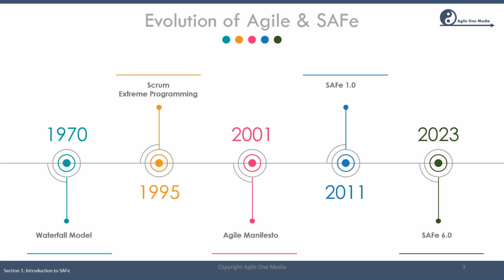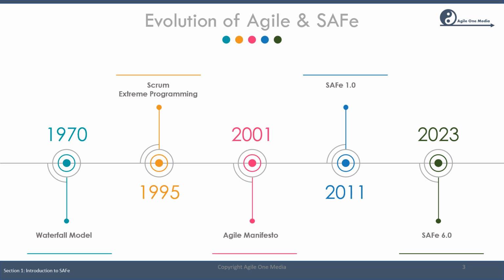In 2001, the Agile Manifesto was published, and then between then and the introduction of SAFe over the next 10 years or so, we had various ad hoc approaches to scaling.